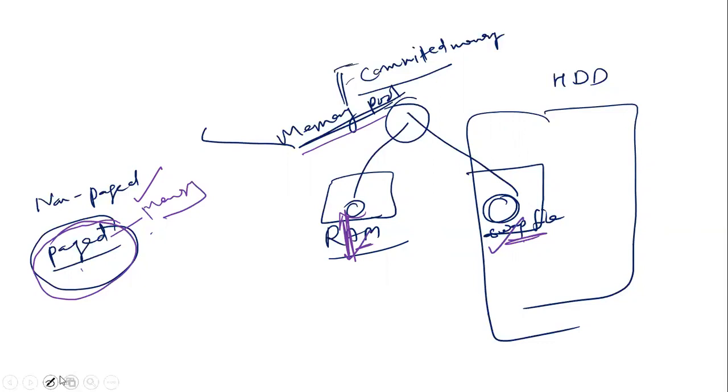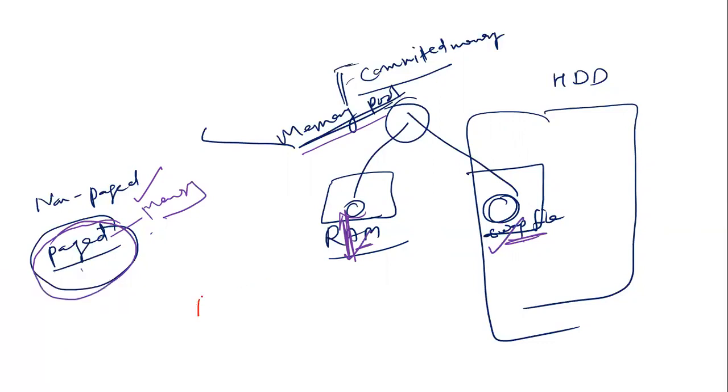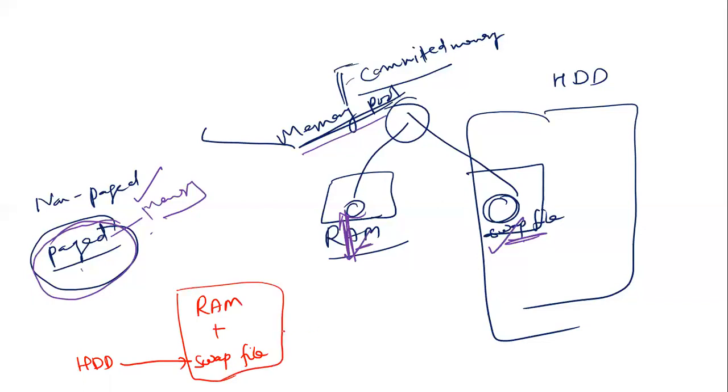If it is not clear, let me define it again. This is your RAM and this is your hard disk. A portion of the hard disk is known as the swap file. Both combined make your memory pool. If it is non-paged, it means the data is inside your RAM.